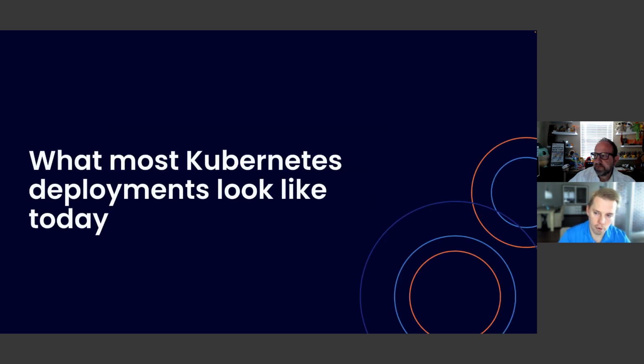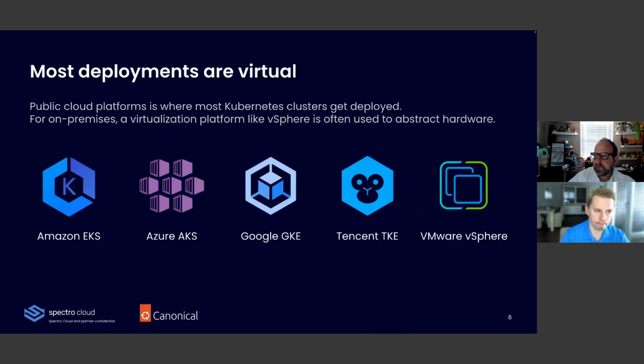All right, so what do most Kubernetes deployments really look like today? Well, a lot of them, probably most, are on top of virtual hardware. It seems most deployments of Kubernetes are happening on the public cloud platforms, where you can easily request a managed Kubernetes service that gets spun up for you. All of these platforms, of course, also allow you to build your own cluster with VM instances if you prefer that.